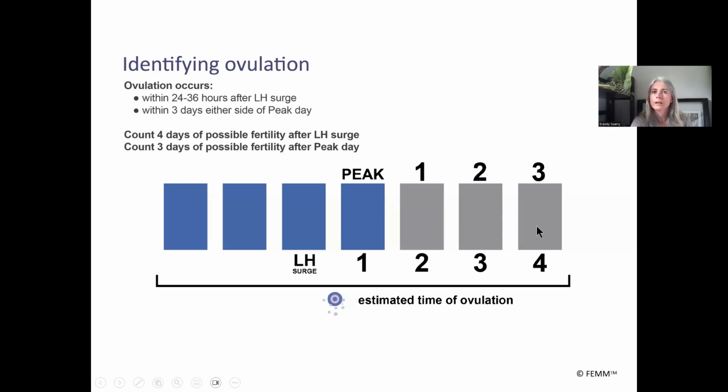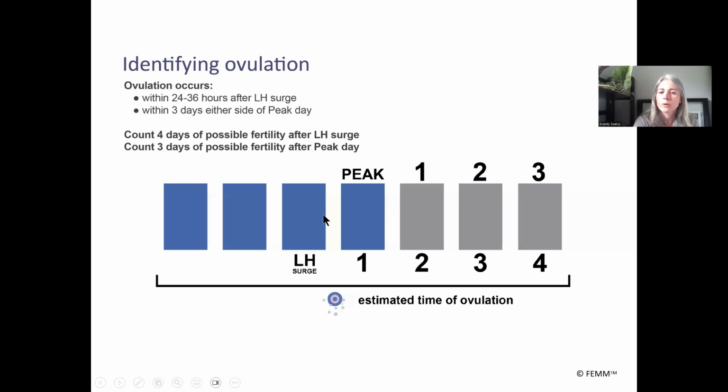extra buffer day. The reason for this extra buffer day is in the event that you had more than one developing follicle, because when you have more than one developing follicle, they both don't have to ovulate at the same time. And so this is to build in that extra time. Now, both of those developing follicles would still be impacting your estrogen levels and would still be impacting the quality of your cervical fluid.